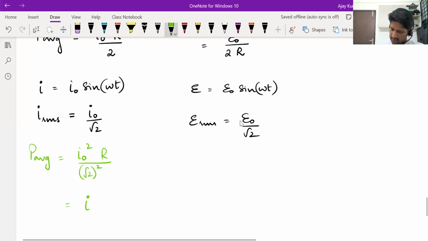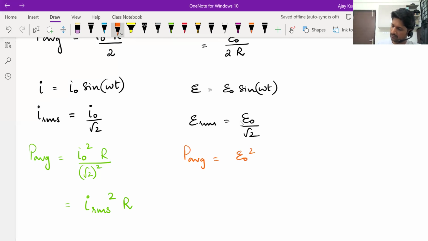So you can write the average power as I RMS squared into R. In terms of voltage, you got average power as E naught square by 2R. The 2 I'll write as root 2 whole square into R. E naught by root 2 is the RMS value. So this becomes E RMS squared divided by R.